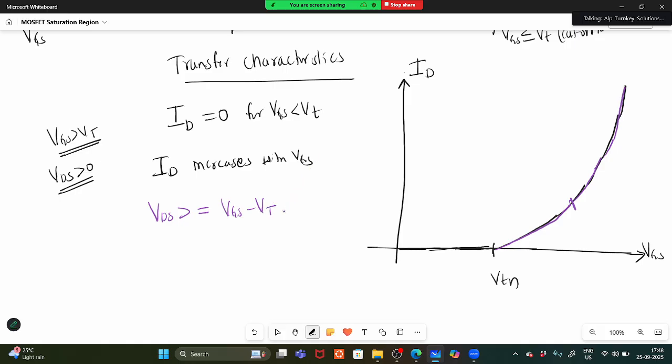In the saturation region, ID depends only on VGS. This is the saturation condition: VDS is greater than or equal to VGS minus VT.